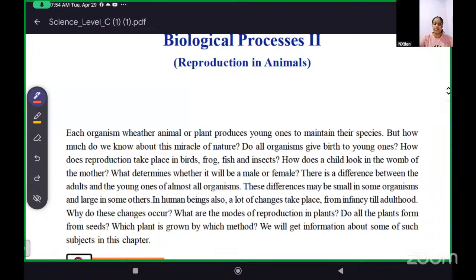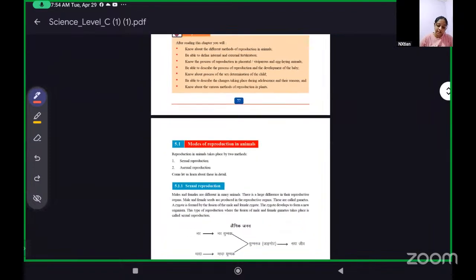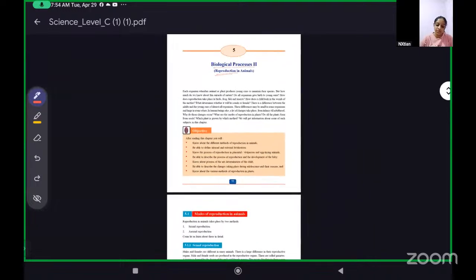You can say in humans, or you can say that it increases the number of species. Okay, that is reproduction. Now, in the chapter, we are going to talk about reproduction in animals. How does reproduction in animals take place? Its modes.